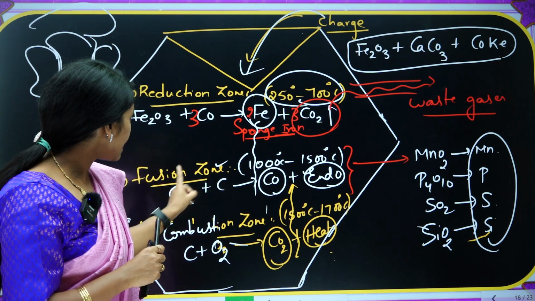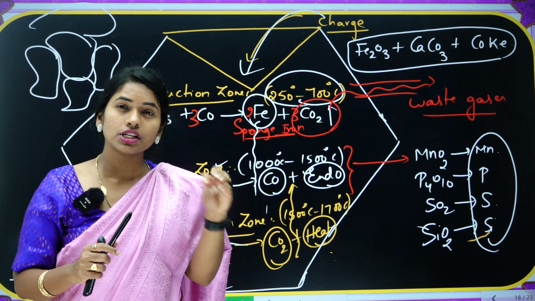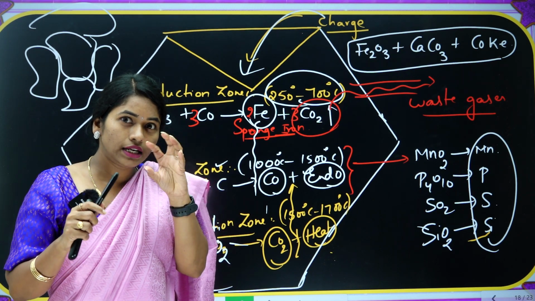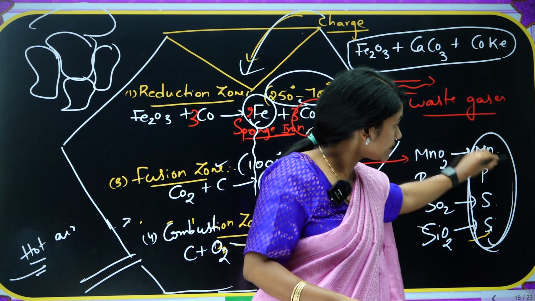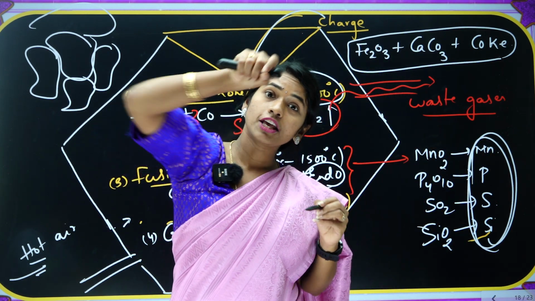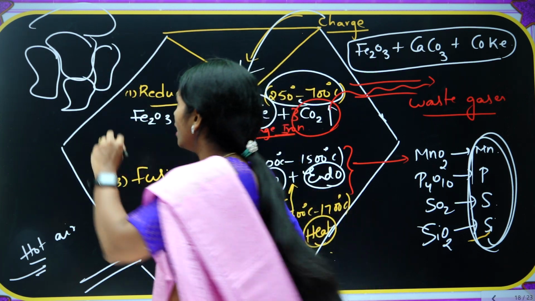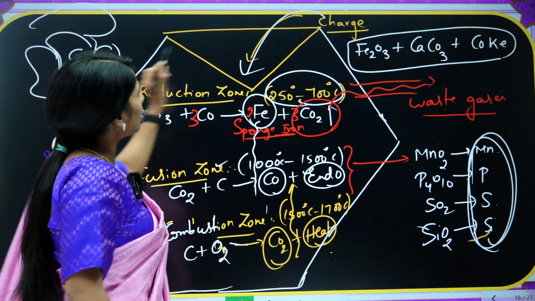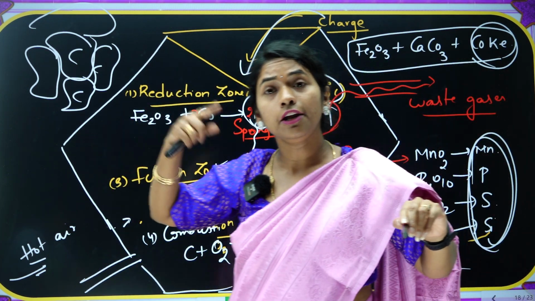Then at this fusion zone temperature of around 1500 degrees Celsius, the iron starts melting, and whatever impurities are there go and occupy the holes and voids of this sponge iron. Mostly coke, because we add so much coke to get CO, the reducing agent.